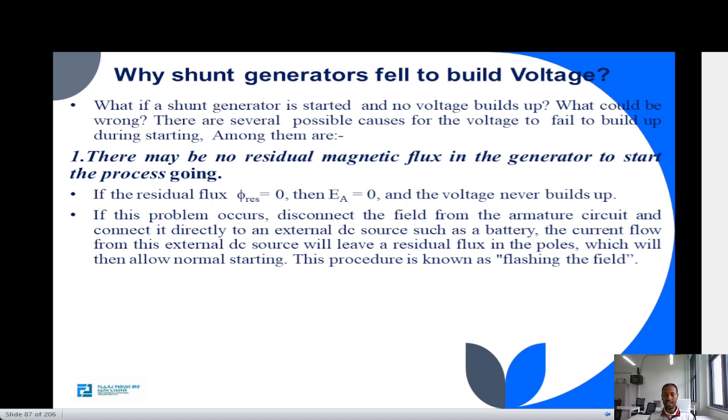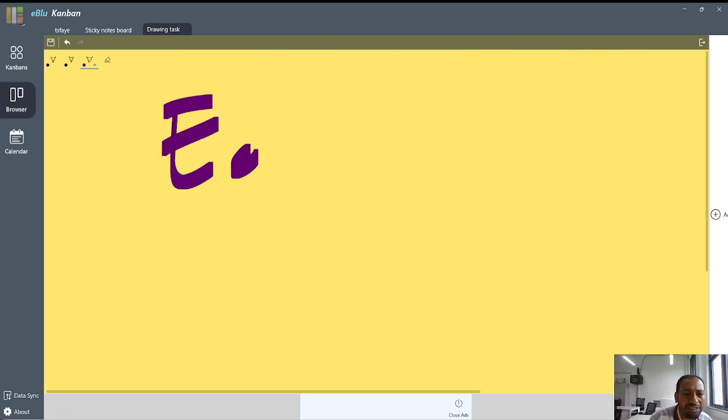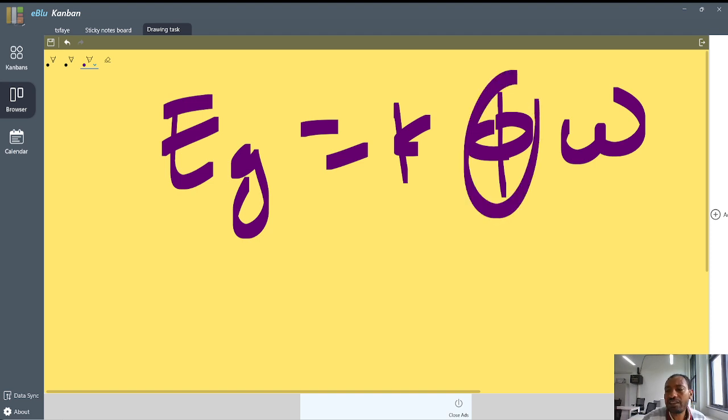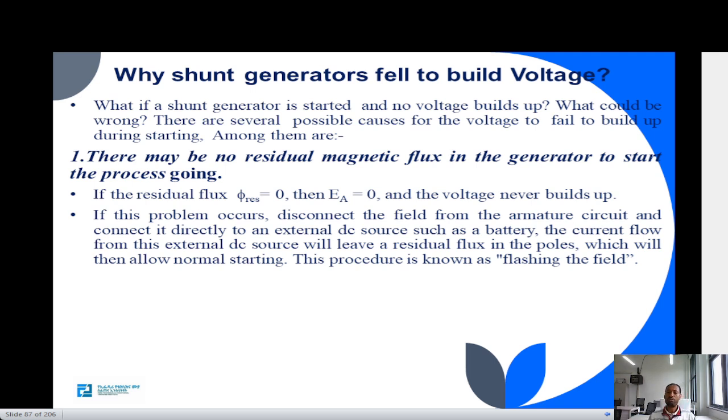As we said previously, from that important equation of EG, if there is no flux, then although the machine is there and we are rotating the generator at a certain speed, EG will not be generated, meaning the flux may be zero. Therefore, one reason may be there is no residual flux.